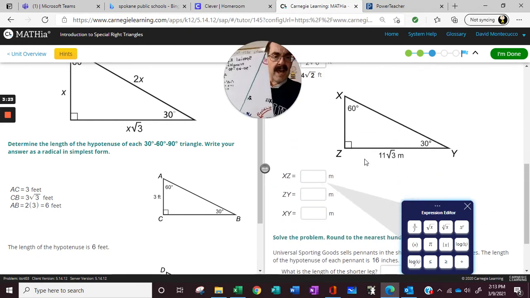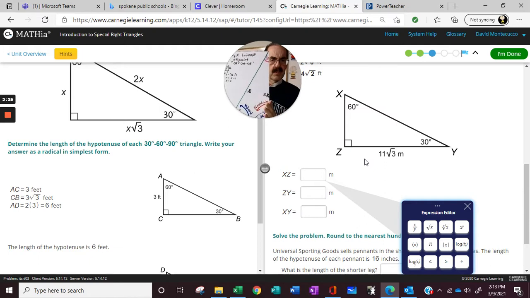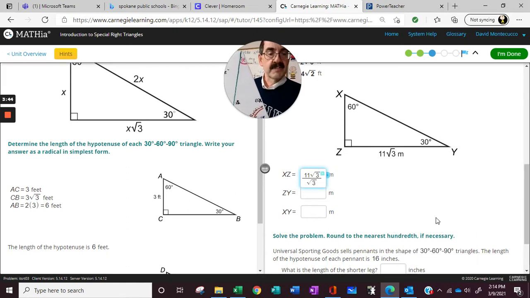Okay, so now, what if we have the long leg and we bring it back? We've got to divide it out. So 11 radical 3, we're going to make a fraction, 11 radical 3 over radical 3. We're going to divide it out.